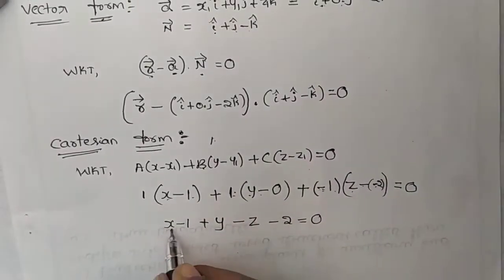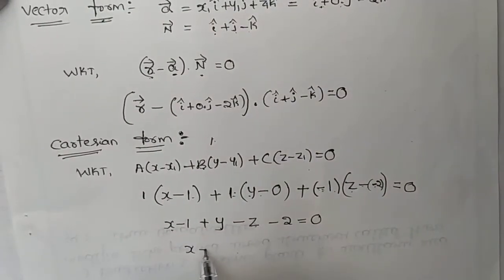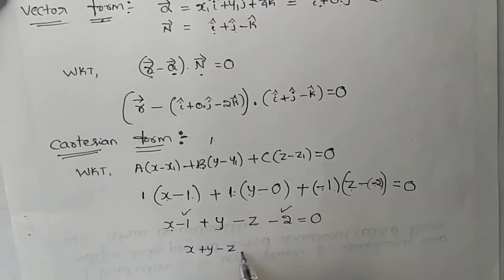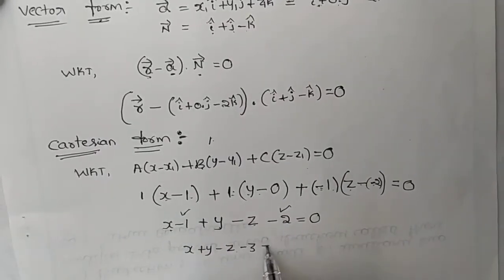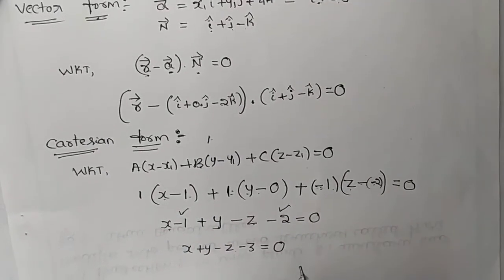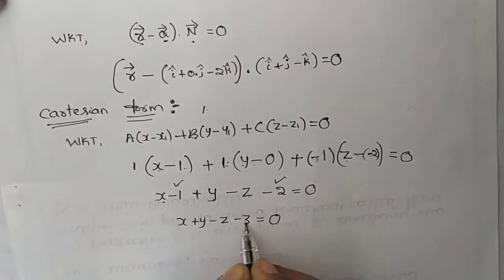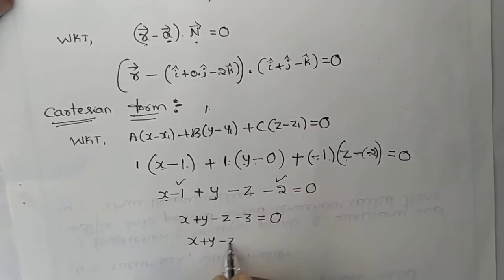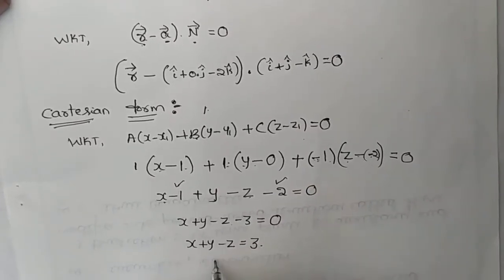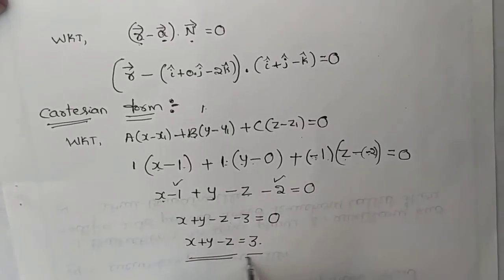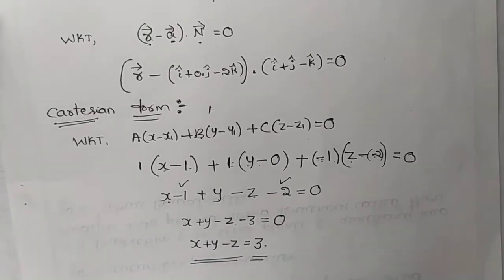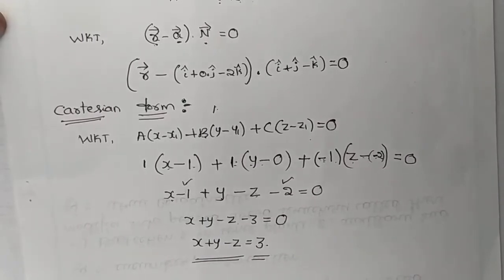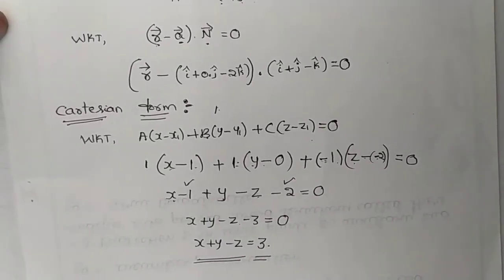Now x plus y minus z, minus 1 minus 2 is minus 3 equals to 0. Send this minus 3 to the right, that will be x plus y minus z equals to plus 3. Hence it is the Cartesian equation of a plane. It is the procedure to find the vector and Cartesian form of the plane.